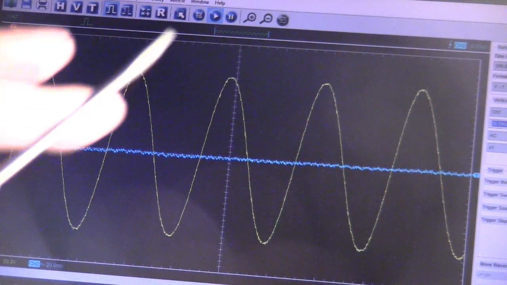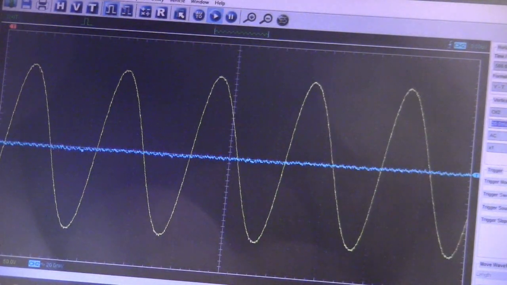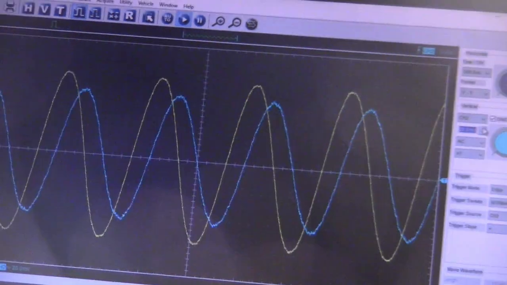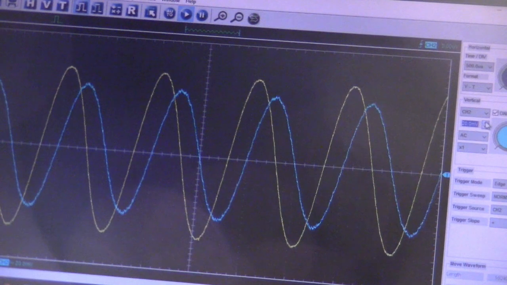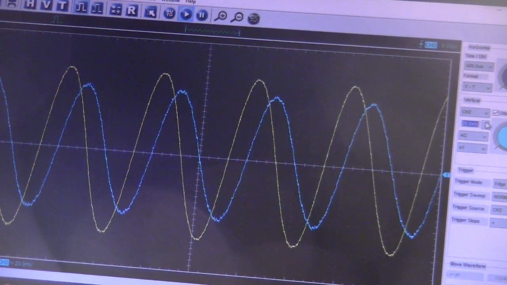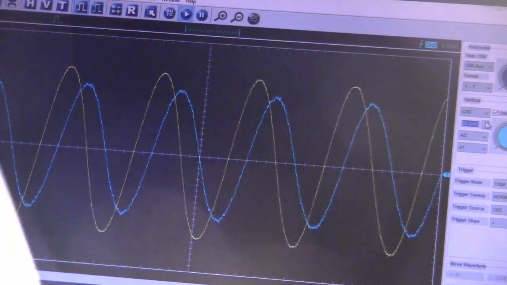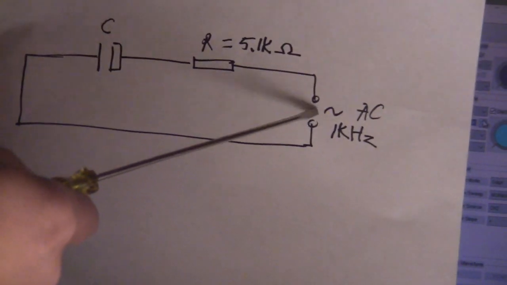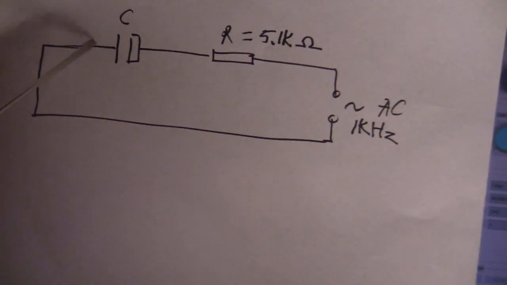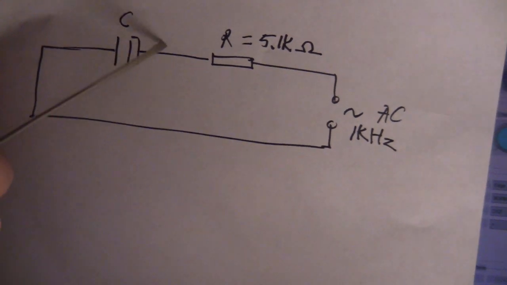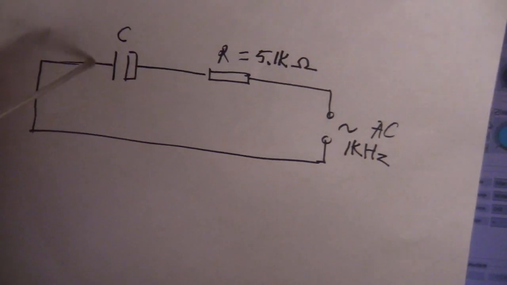This one is from the signal generator. I connect channel 2 to the capacitor. We see two waveforms in the scope. The yellow line is the one from here, and the blue line is connected to here, the capacitor.